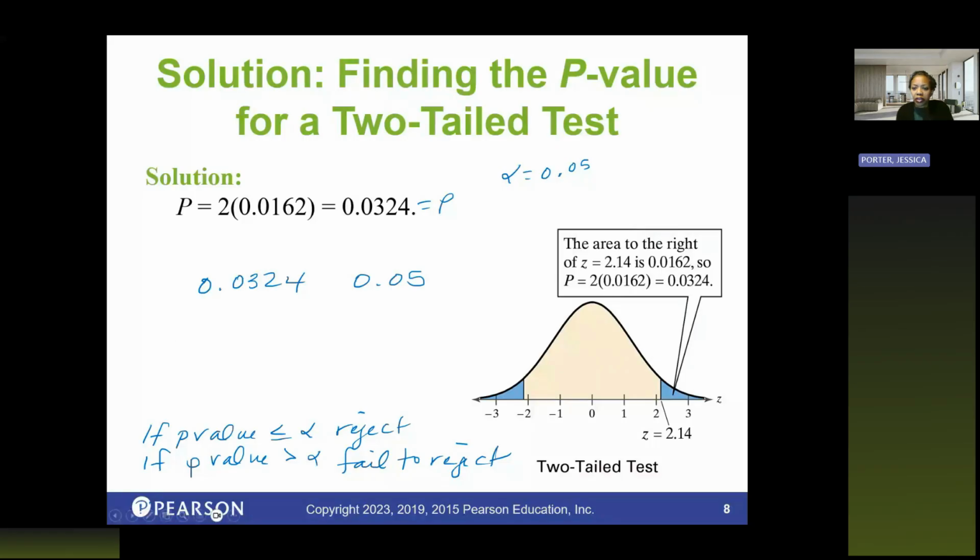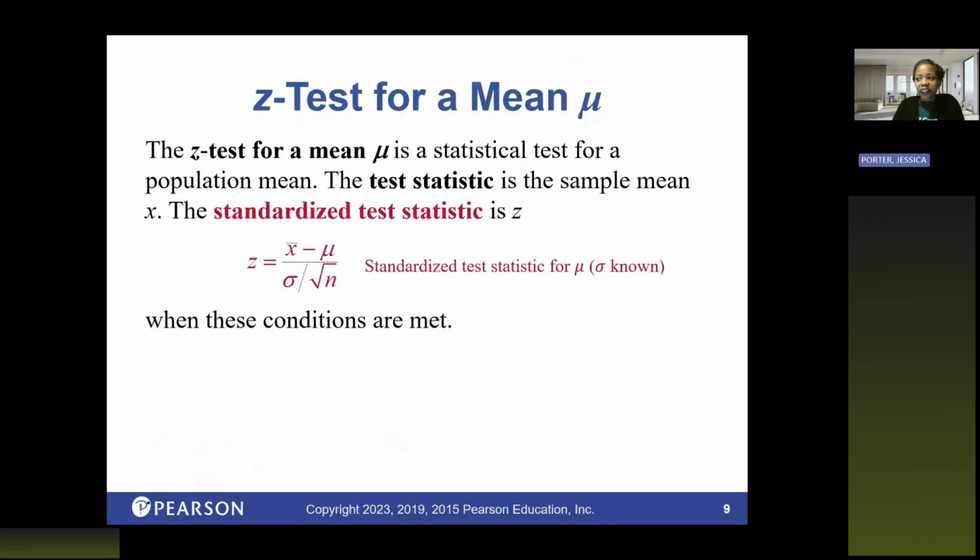Which one of those is bigger? 0.05. So that means my inequality will open to the right. Right. So we will reject the null hypothesis in this case. Okay, moving right along. It's looking good so far.